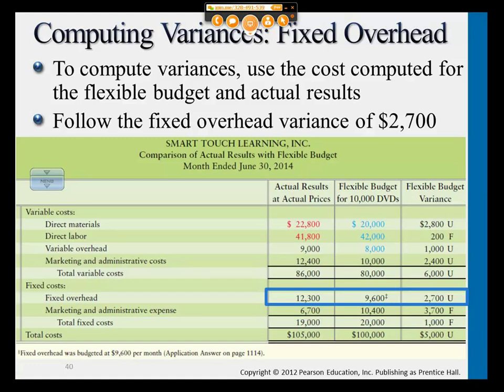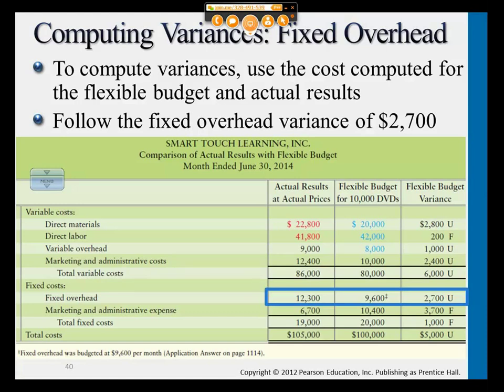Okay, so we said that the fixed overhead was 9,600. I think we just calculated this per month. Oh, it was, yeah, okay. So it was budgeted at 9,600. It's fixed overhead. It's budgeted 9,600, but the actual results were 12,300, as your multiplication of the actual price, actual hours, right?